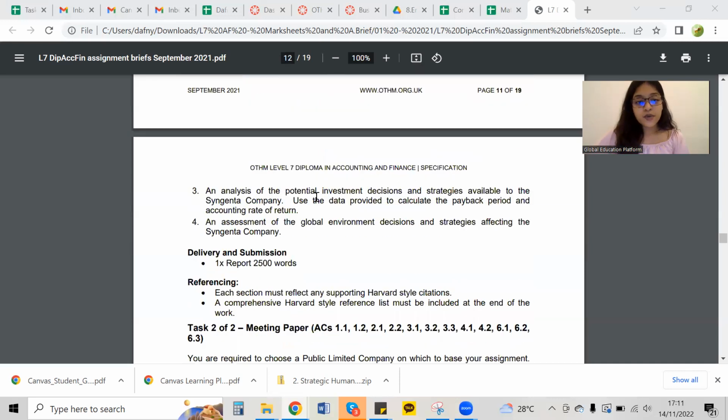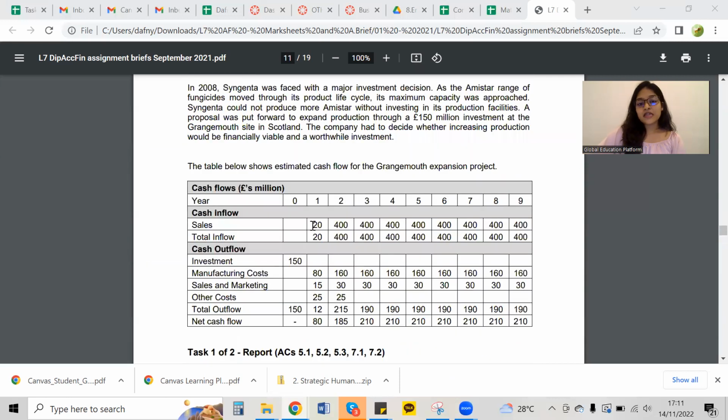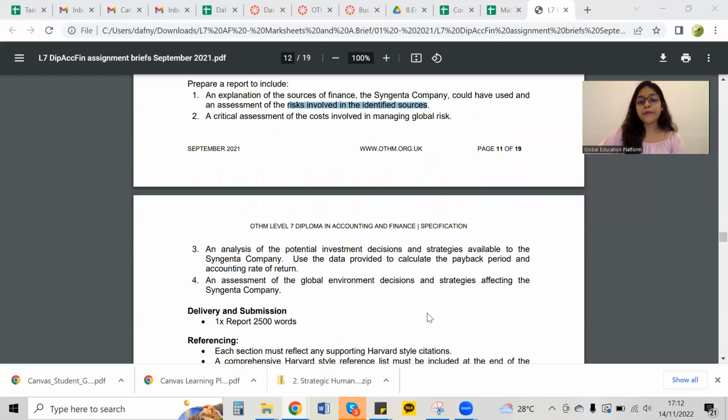Right. The third point here is an analysis of the potential investment decisions and strategies available to the so-and-so company. Use the data provided to calculate the payback period and the accounting rate of return. So that is why this table is provided. So you need to show the calculations for the payback period and the accounting rate of return.